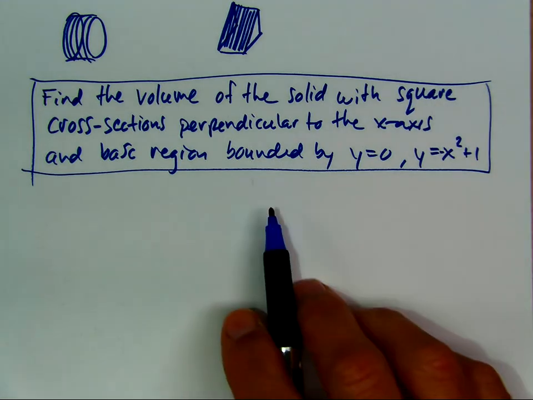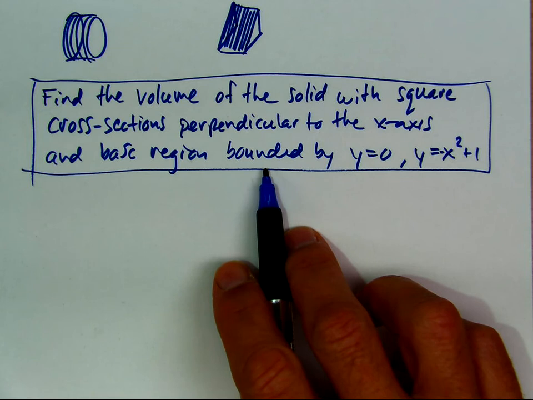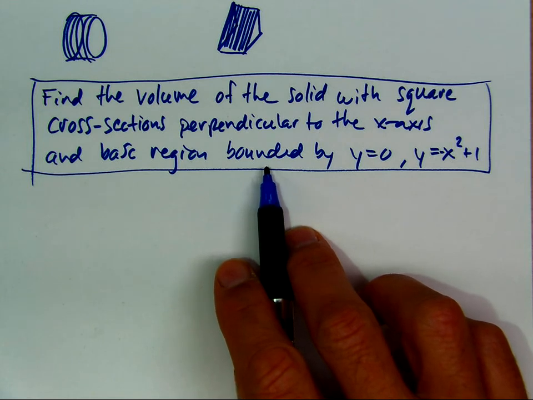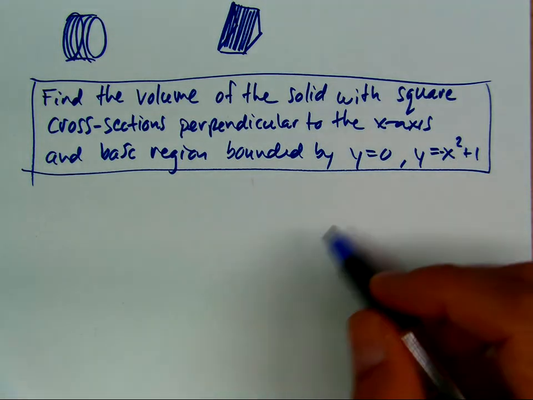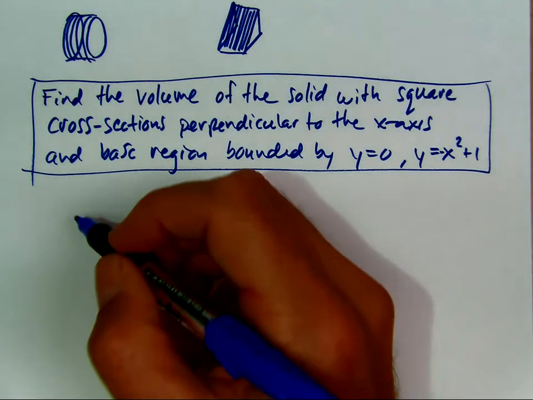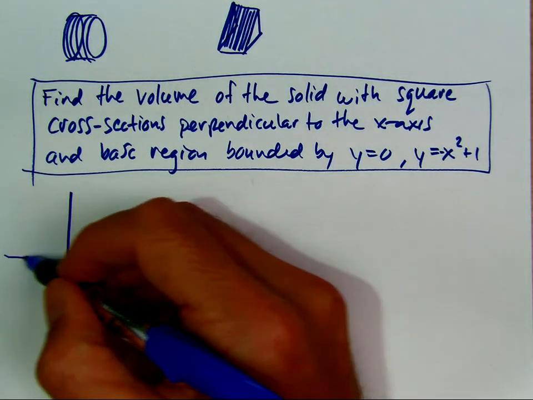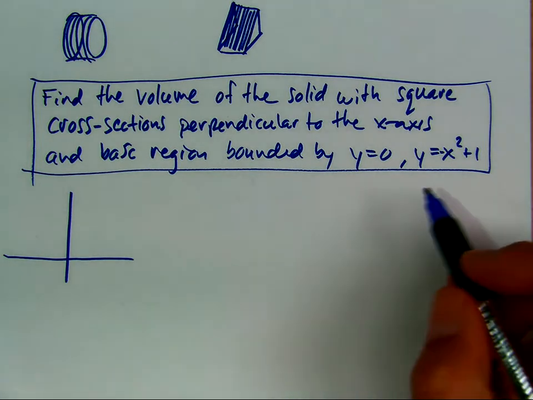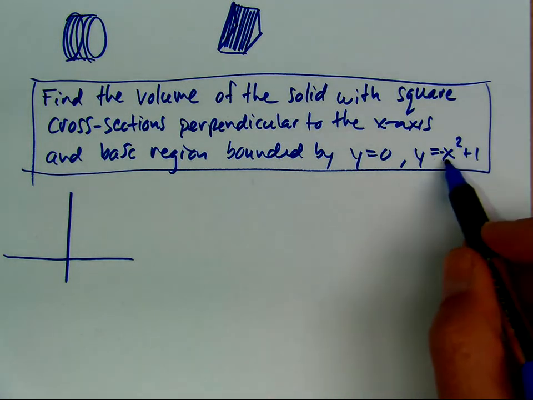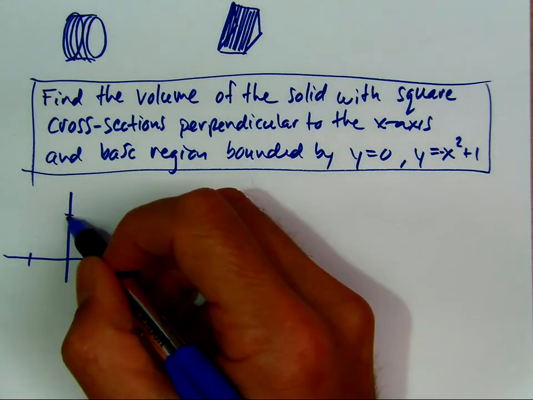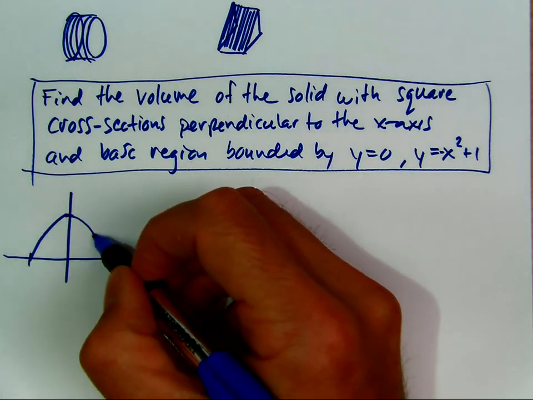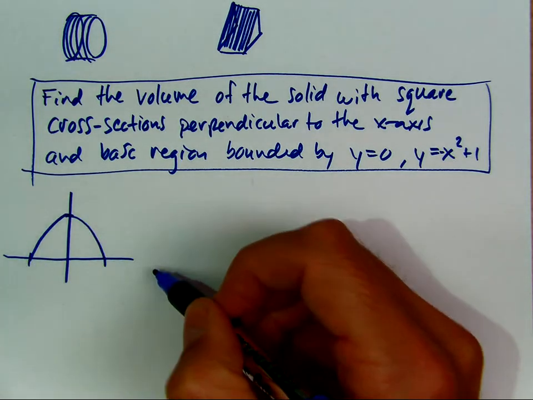But we need to determine the base region, and then out of that base region will come cross sections. So let's start by drawing the base region. Parabola shifted up and reflected down, also bounded by y equals 0.